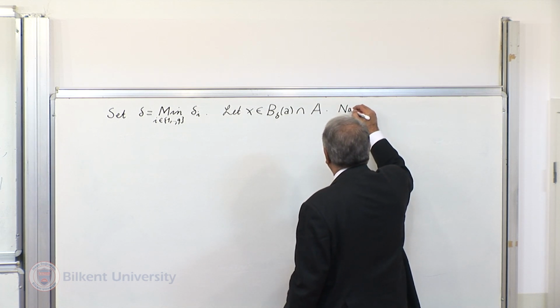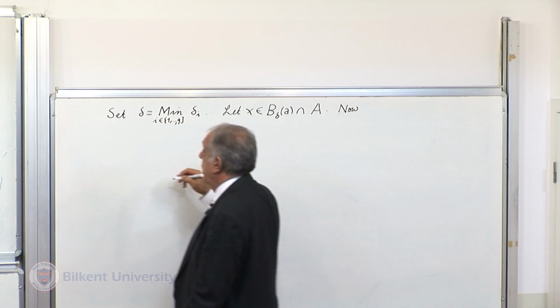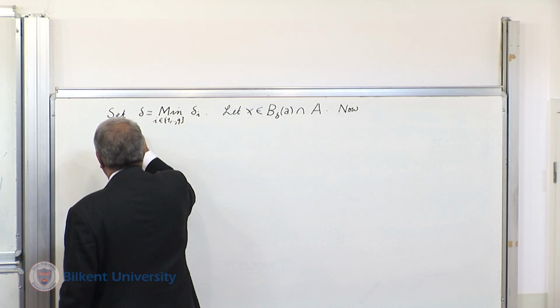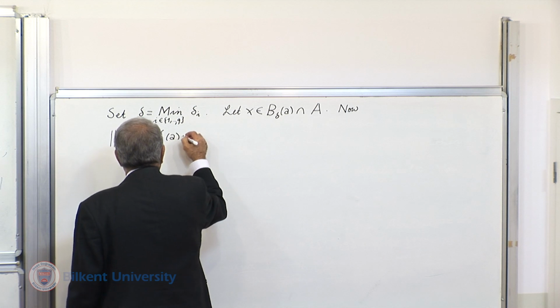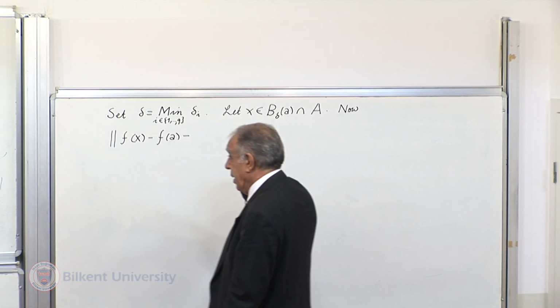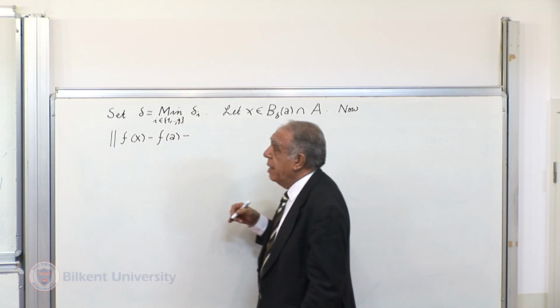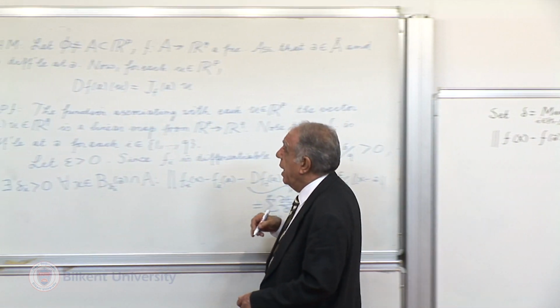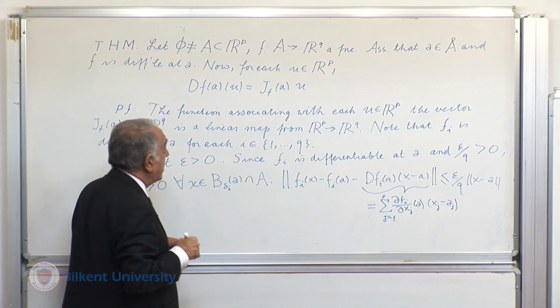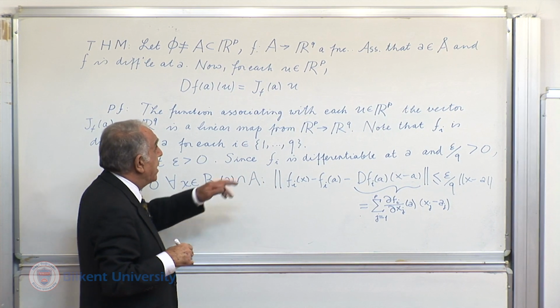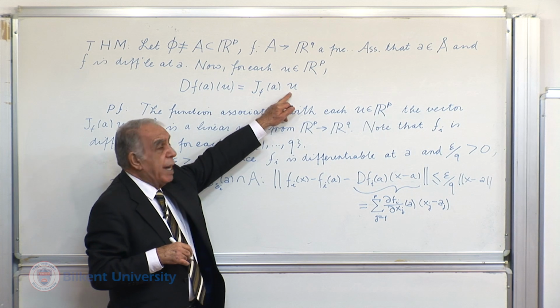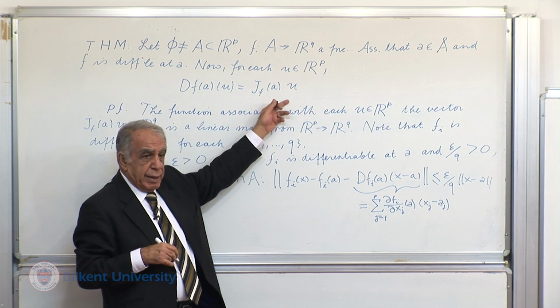Now, let us consider f of x minus f of a minus. Here, as we had in mind at the outset, we wish to have the linear map which sends each u in R^p to this product.